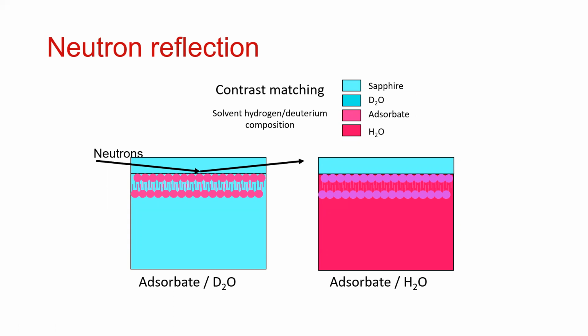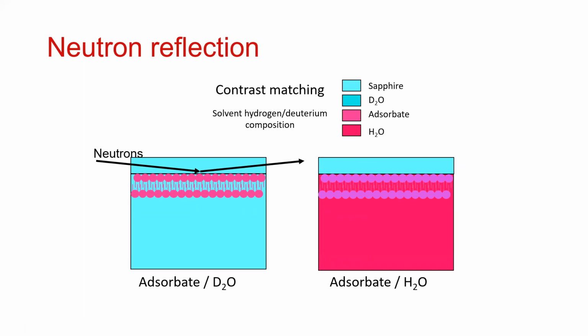We have a little bit higher for D2O. If I have some normal hydrogenous amphiphiles binding at a surface, I will see some very strong contrast if I have sapphire and D2O.